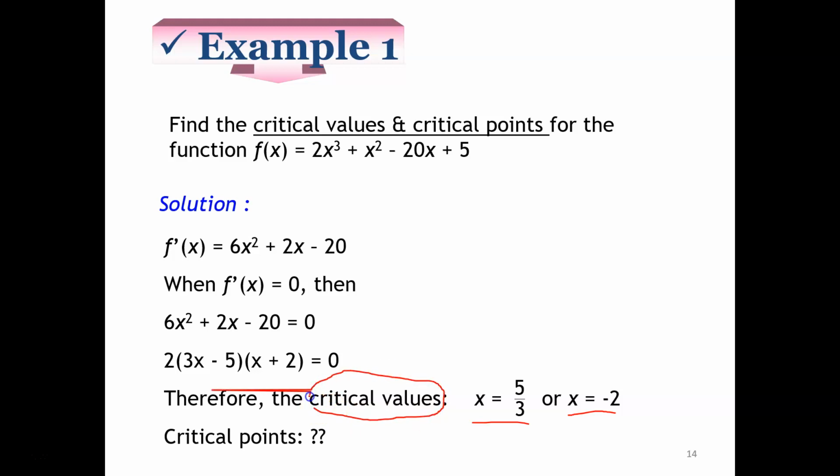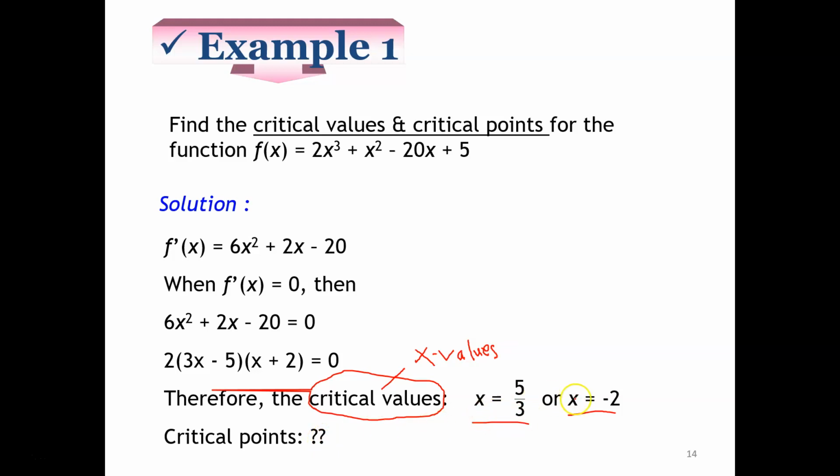Remember, I mentioned just now, critical values must be x values, okay? That's why you have x values only over there. And how about critical points? Critical points mean you have to find the y coordinate.